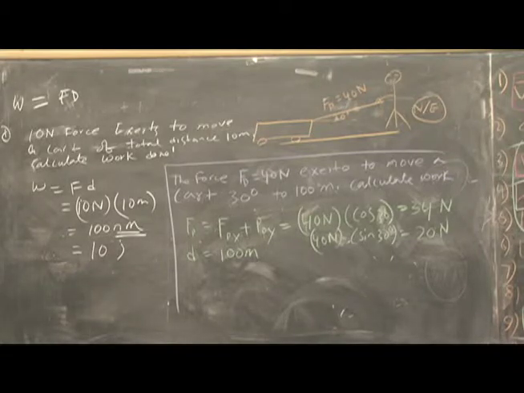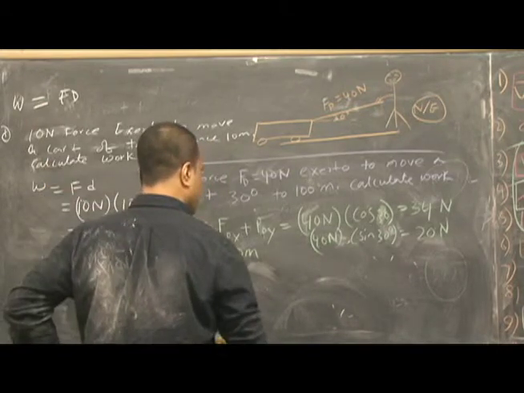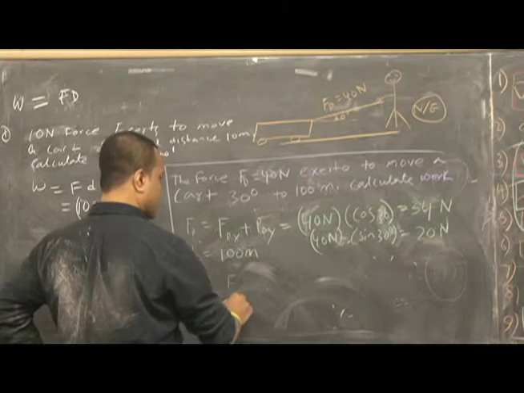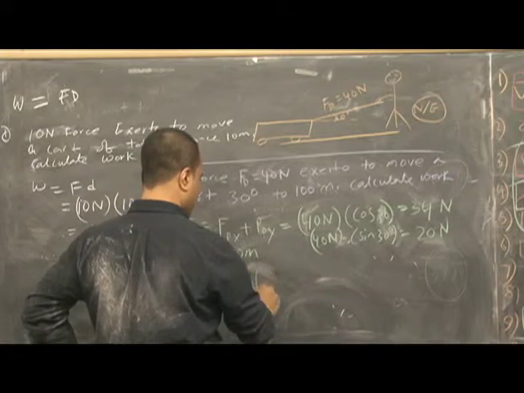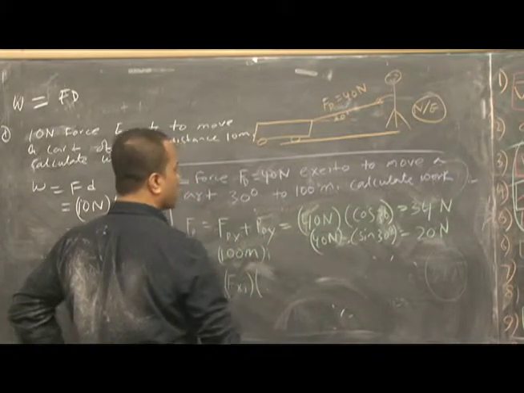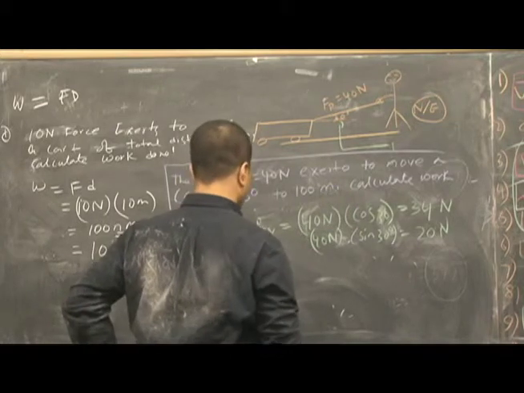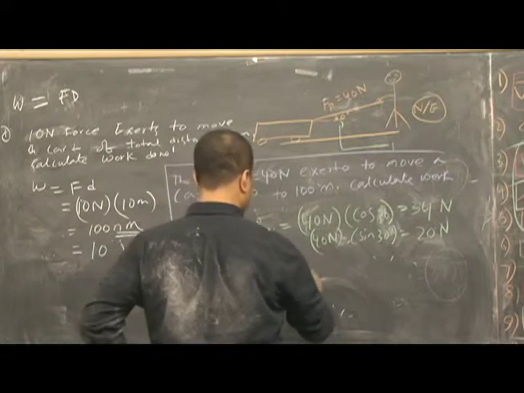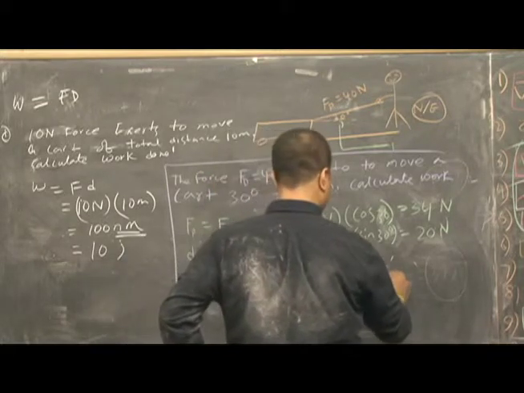So now we can use the dot product. We can say Fx times the meter in the i direction, this is i, this is j, plus Fy and meter in the j direction.